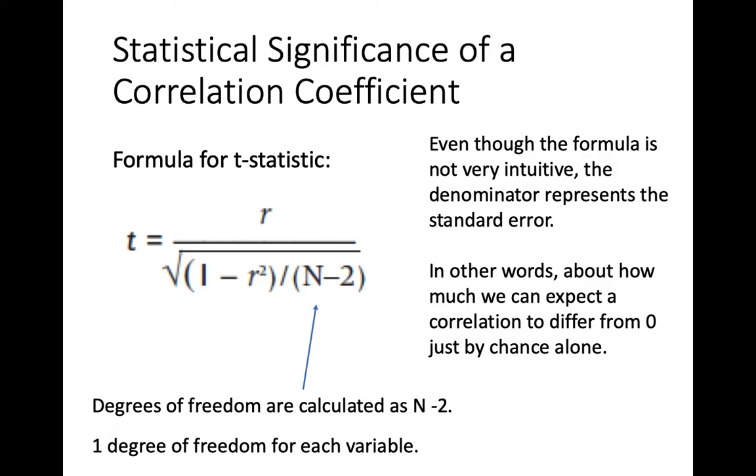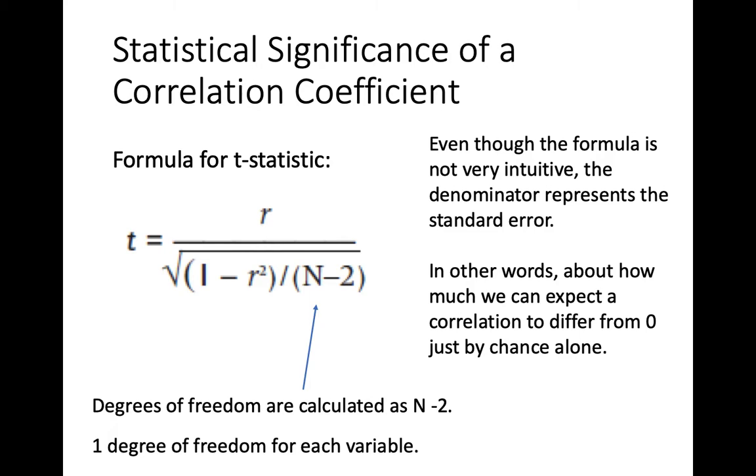Turns out that the formula to convert a correlation coefficient to a t is this. It's a little bit nasty. It's not very intuitive, but we can say this. The denominator, in other words, the bottom, represents the standard error. So in other words, how much can we expect a correlation to differ from 0 just by chance alone?